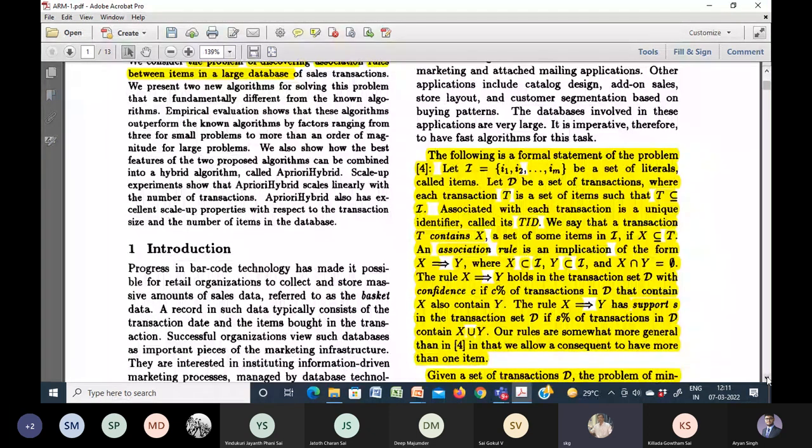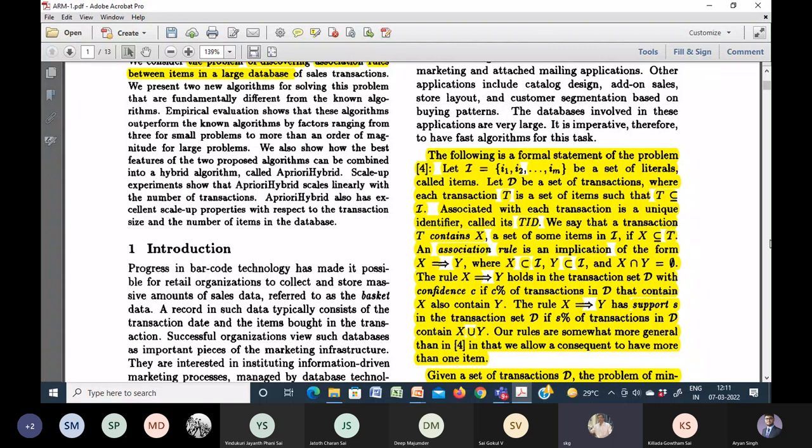Now the formal statement of what we want to look at. Let I be an item set, I1, I2, I3, a set of literals called items, which can be all the items in a particular store.